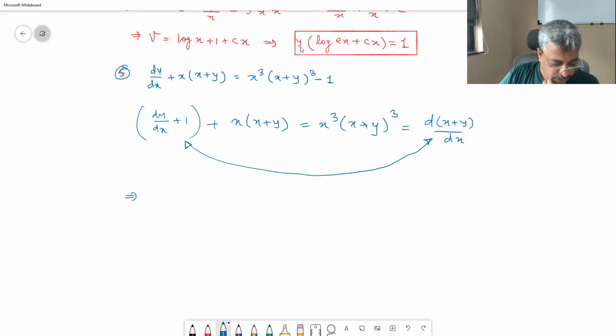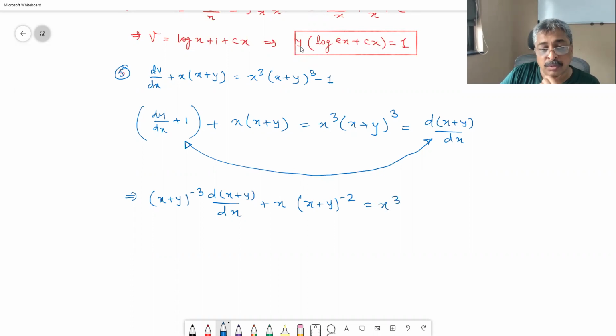So eventually what you get is (x plus y) raised to minus 3 d(x plus y) upon dx plus x into (x plus y) raised to minus 2 is equal to x cube. So this is a differential equation in x plus y. So let (x plus y) raised to minus 2 be equal to z.